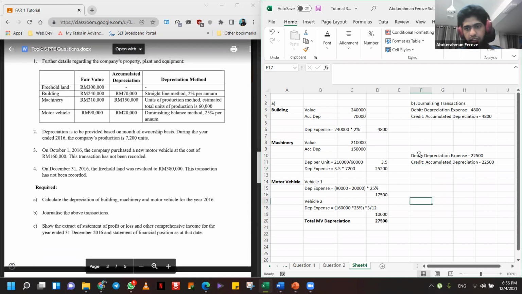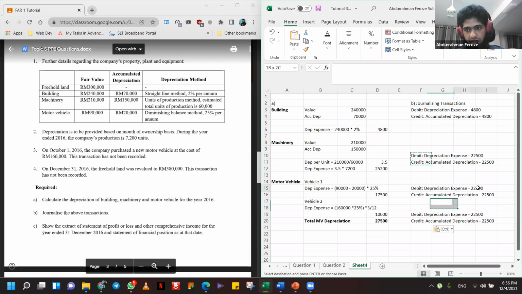And over here we keep it separate. It's easy to keep it separate for each of them. So we have debit depreciation expense 17,500 and credit accumulated depreciation.